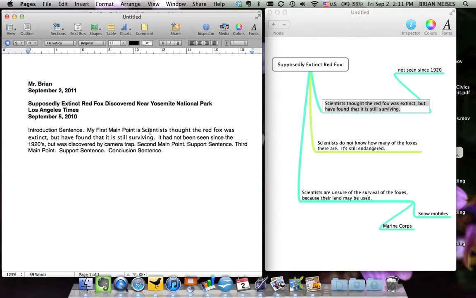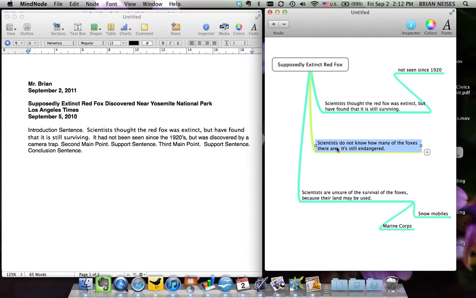All right. Now, we don't actually like this, my first main point is. That sounds a little clunky, so I'm going to delete that. And notice, scientists thought the red fox was extinct, but have found that it is still surviving. It had not been seen since the 1920s, but was discovered by a camera trap. I should go back and edit that. All right? Now, my second main point is scientists do not know how many of the foxes there are.